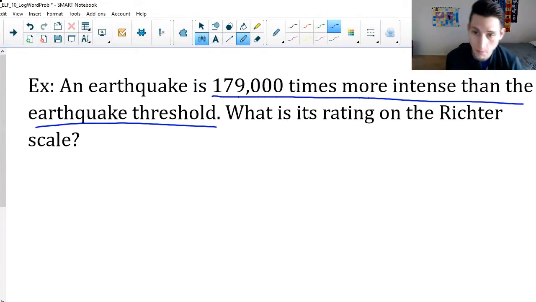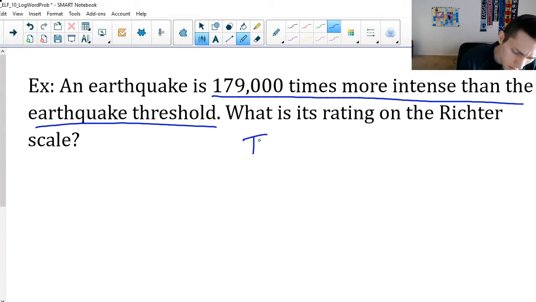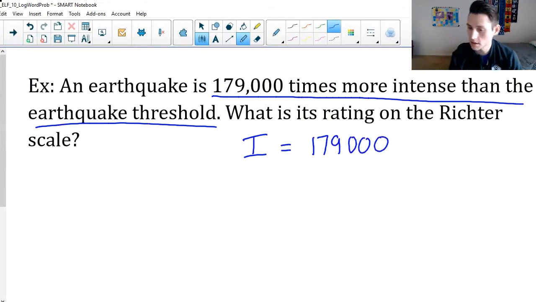So the intensity is 179,000, but it's not saying the intensity is just 179,000. It says it's 179,000 times more intense, so 179,000 times whatever the threshold is.